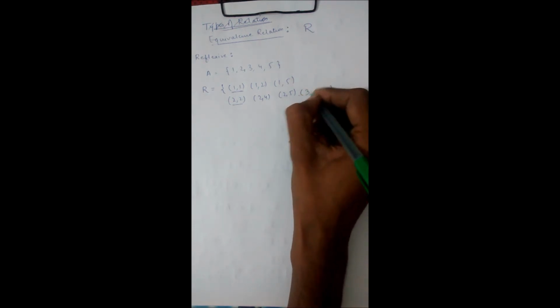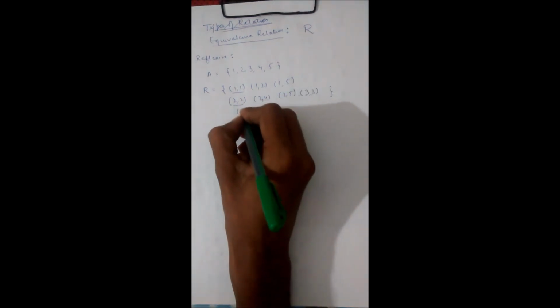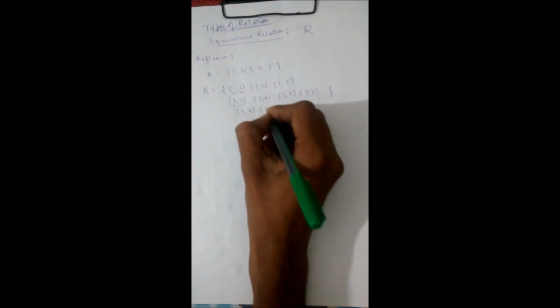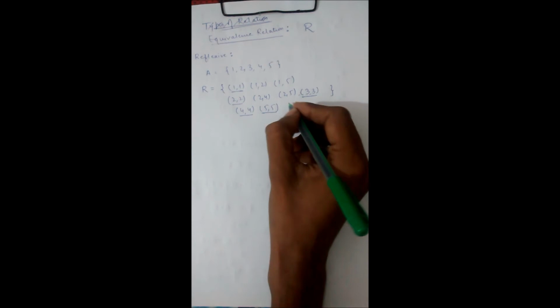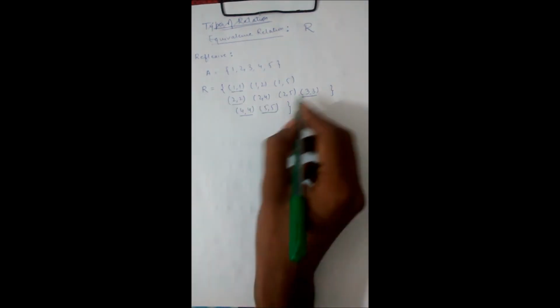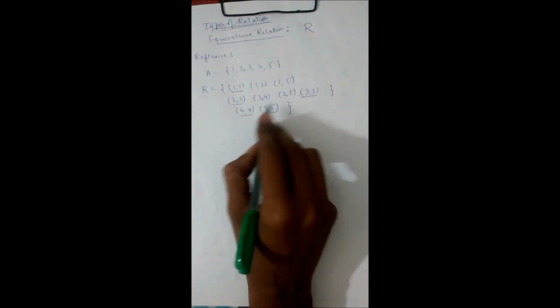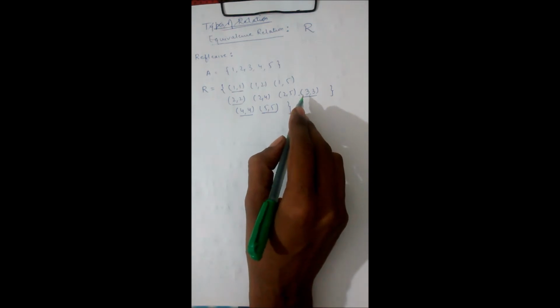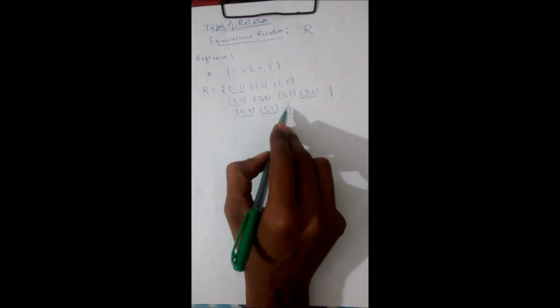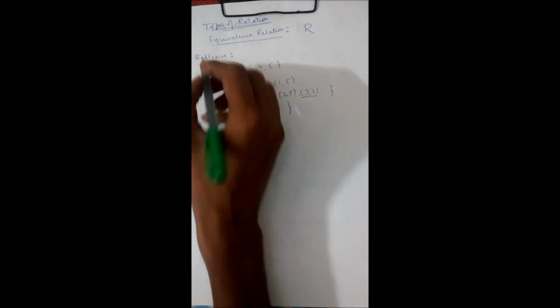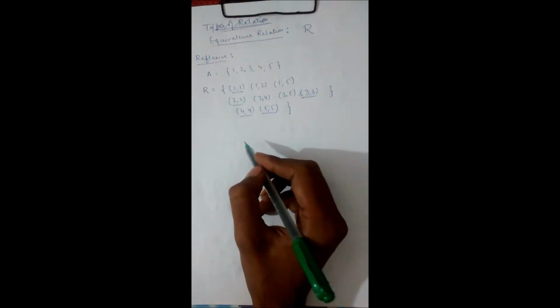I need (3,3) also. I need (4,4). I need (5,5). I'm calling these 5 regular pairs. These 5 regular pairs will be needed. This is a must condition for the relation to be reflexive.